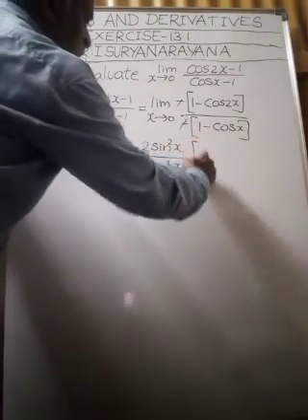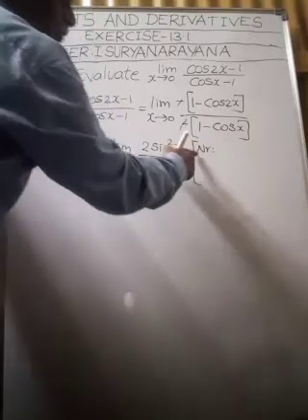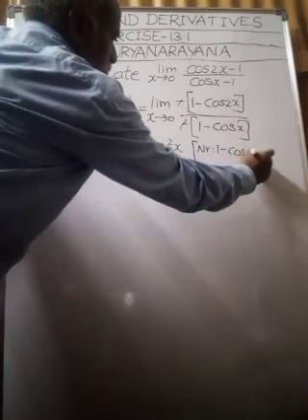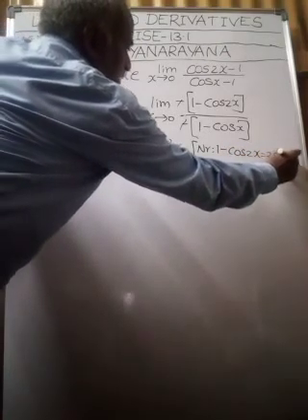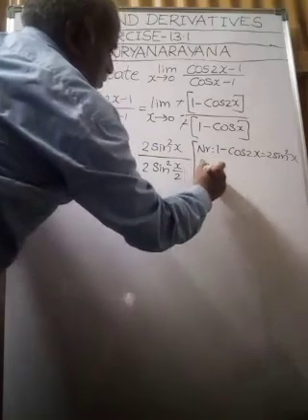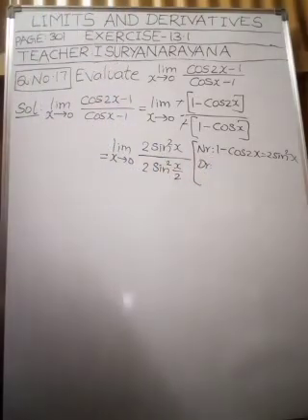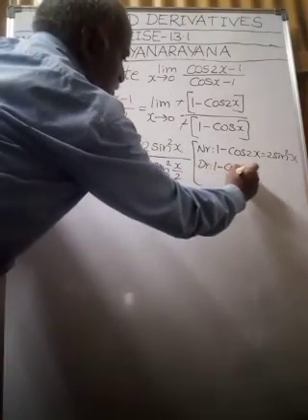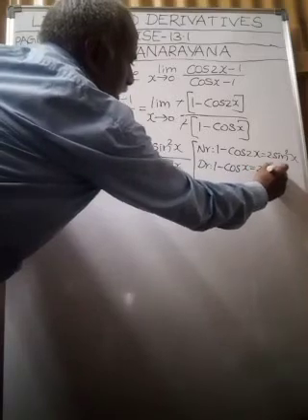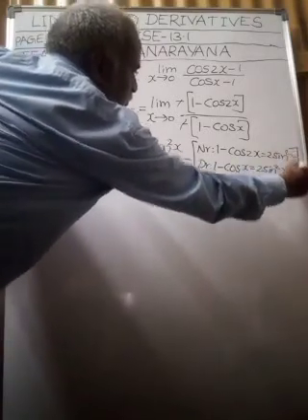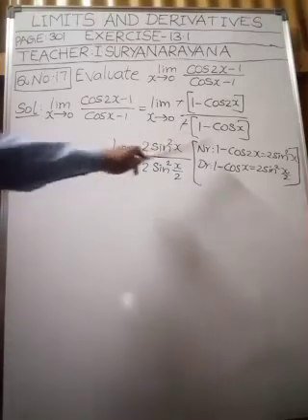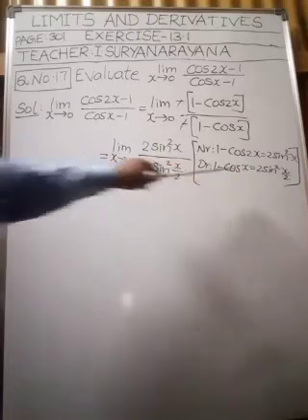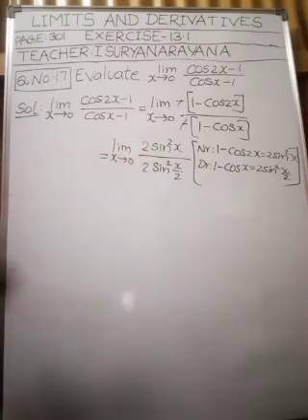In the numerator, NR stands for numerator, 1 minus cos 2x is equal to 2 sine square x. DR stands for denominator. In the denominator we use this one: 1 minus cos x is equal to 2 sine square x by 2. By using these two formulas, in the numerator and the denominator, we got this step. Understood this step, my children?